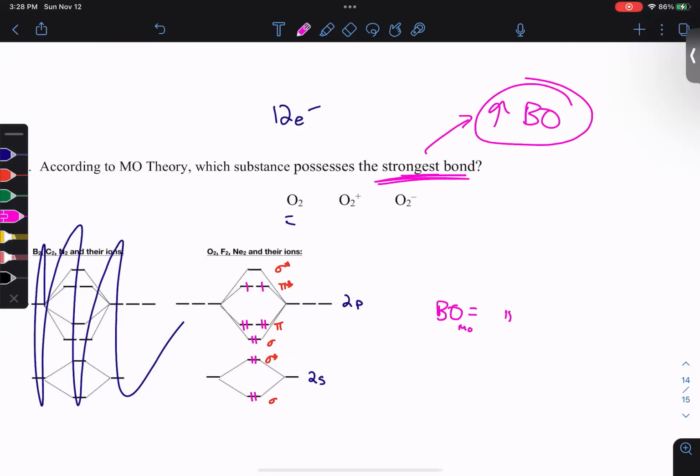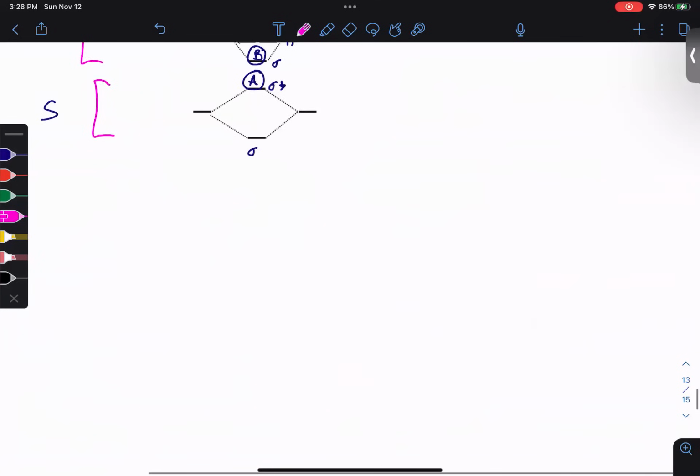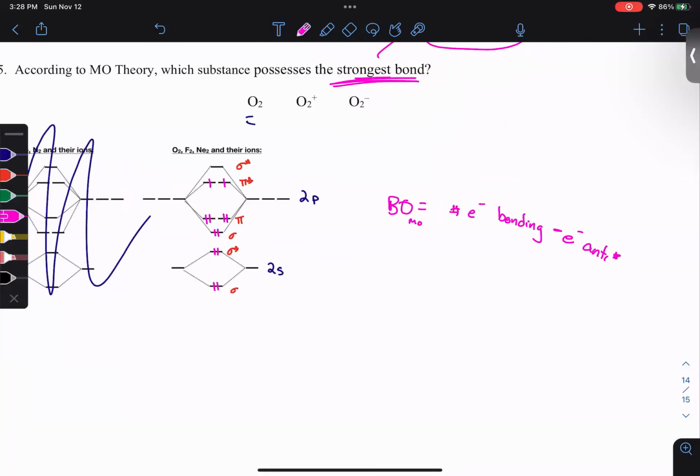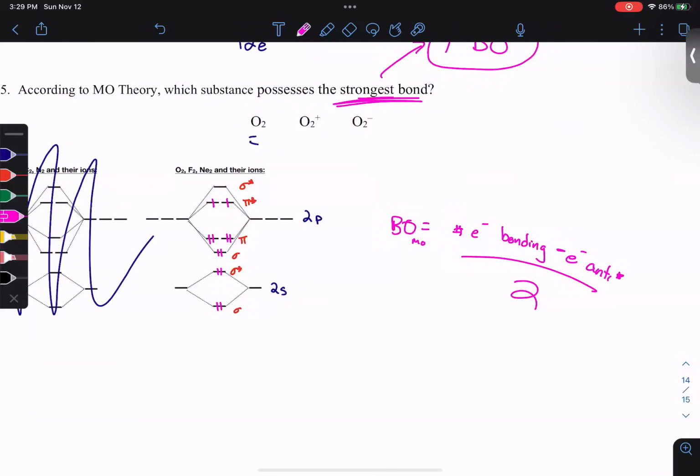We take the number of electrons in bonding orbitals, because bonding orbitals strengthen bonds, but electrons in anti-bonding orbitals weaken bonds. So we subtract electrons in anti-bonding orbitals, and then we divide by 2, and that's it.